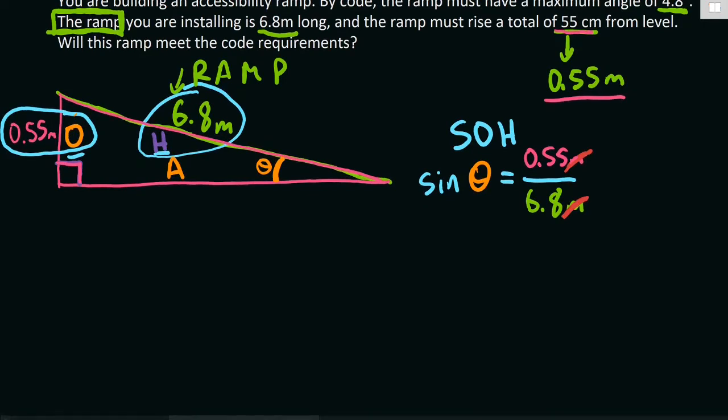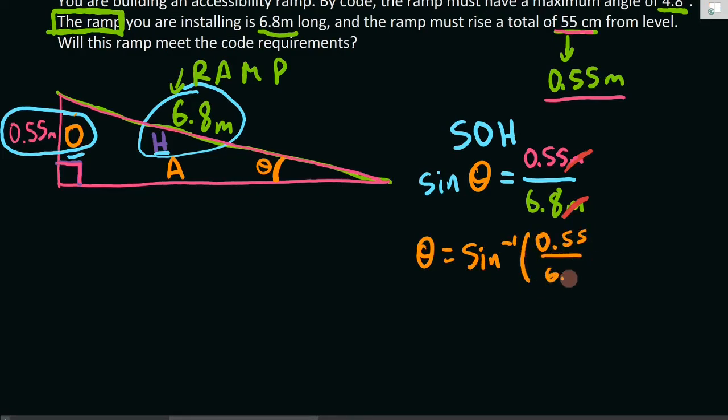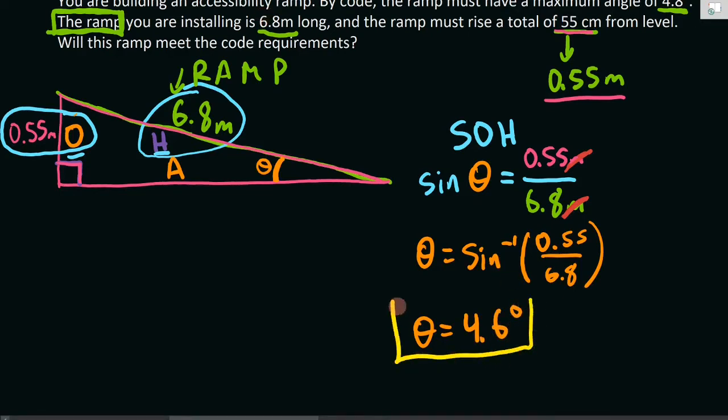So now to solve for theta, we are going to do the sine inverse of that fraction, 0.55 over 6.8. Plug that into a calculator, and you get 4.6 degrees. Okay? So our ramp is 4.6 degrees.